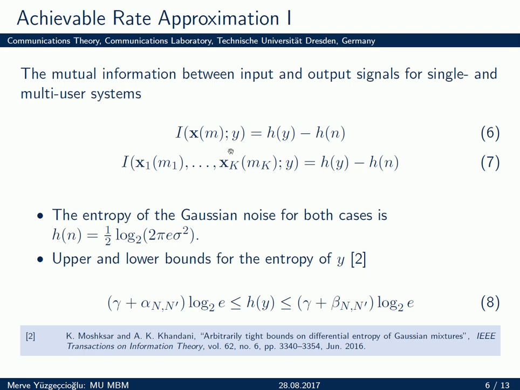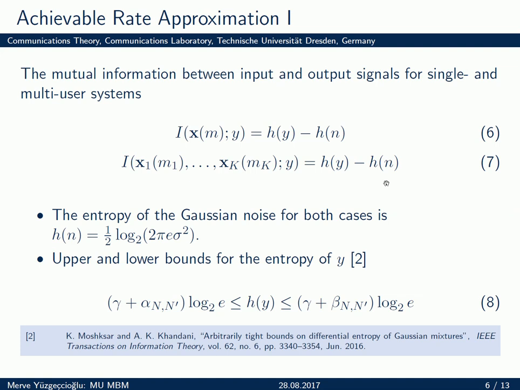For the single user case, it's the difference between the entropy of the output signal and the noise, and for the multiple access channel case, it's the mutual information between all the input signals and the output signal, and it's again the difference between the entropy of the output signal and the noise.